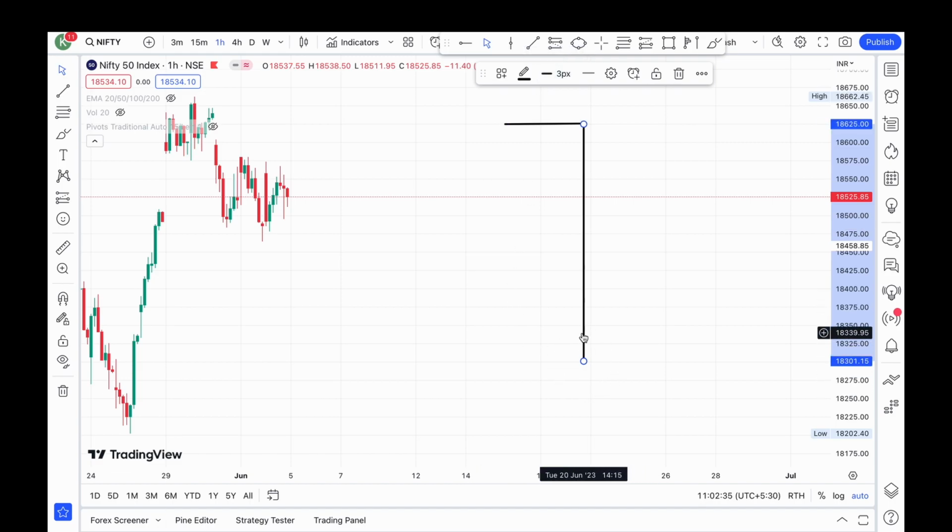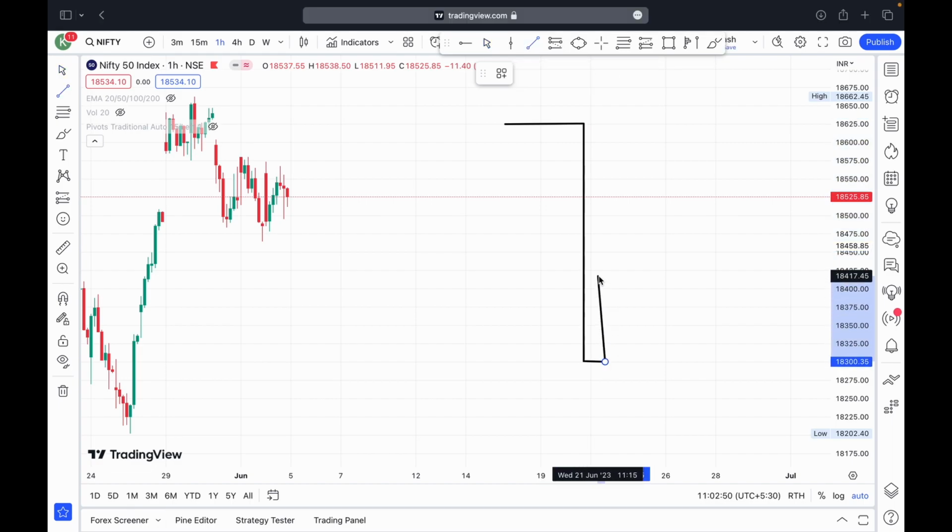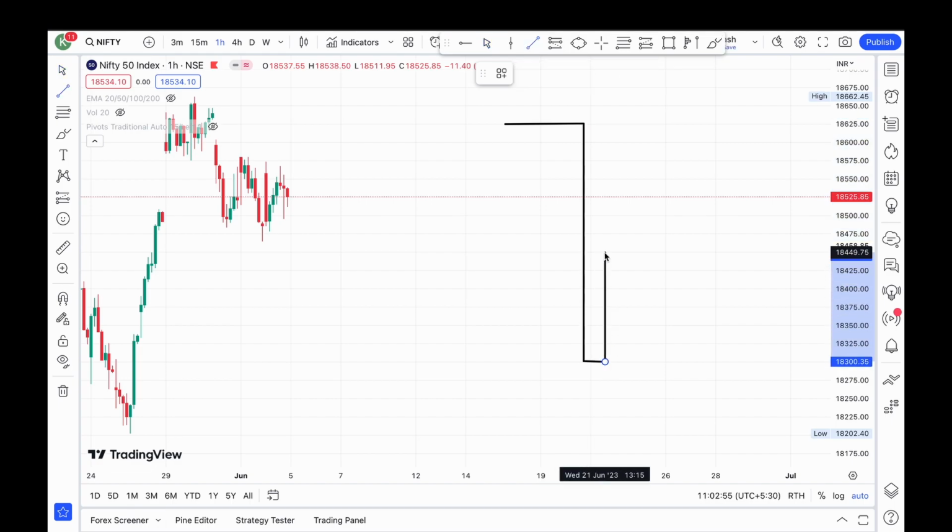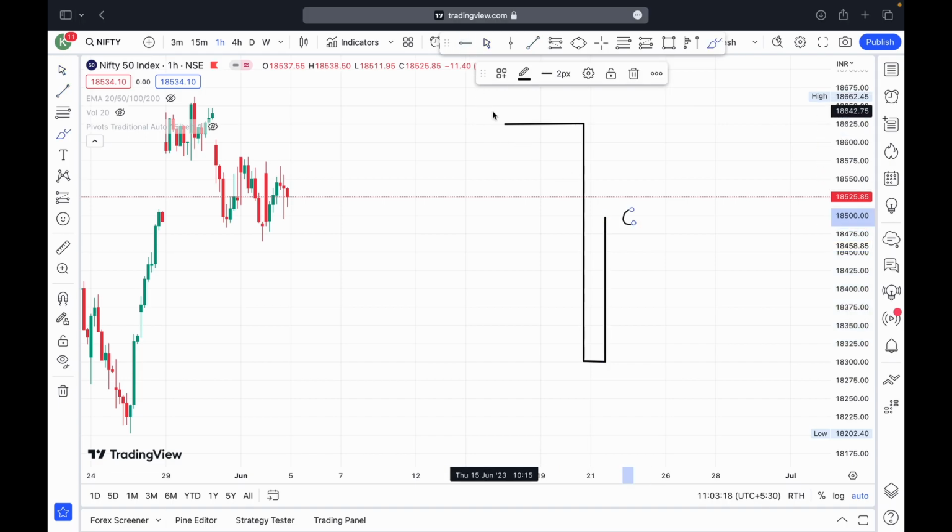A lot of buyers show interest in buying at 18,300, which results in an increase in price, and the price goes up to 18,500 in 1 hour. So this is our opening price, 18,600. 18,500 is our closing price, and this is the lowest price that the market had gone to in 1 hour.